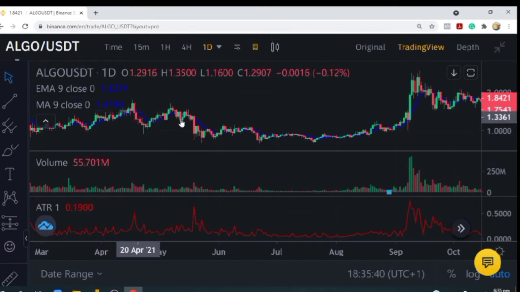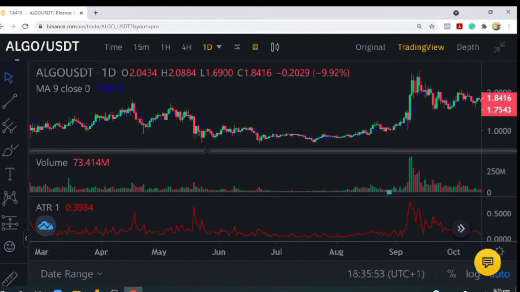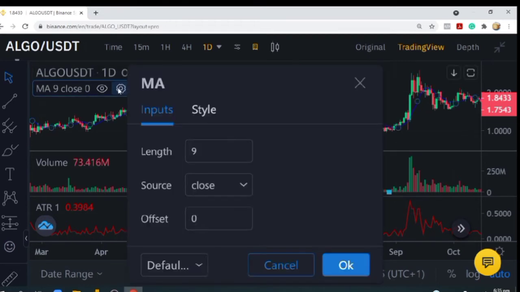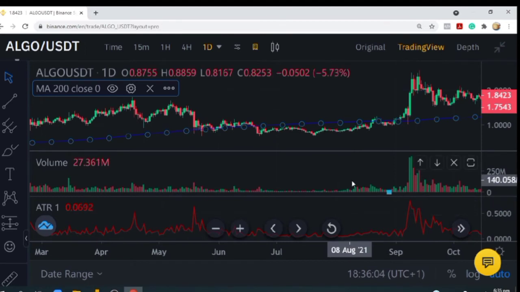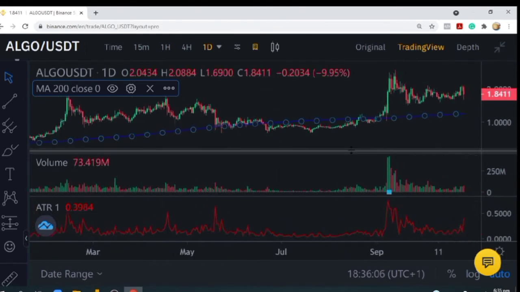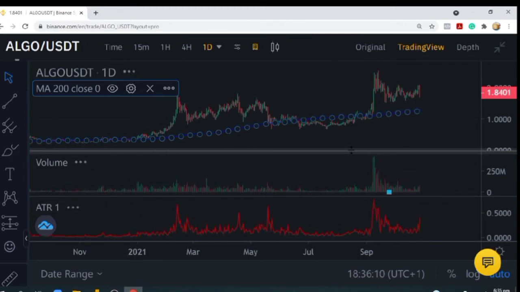So if you type in your moving average, you would want to open up and set it to the length that you want. So if, for example, we want to look at the 200-day moving average, and we can set it, and that will give us an idea of whether we are in an upward trend or a downward trend.